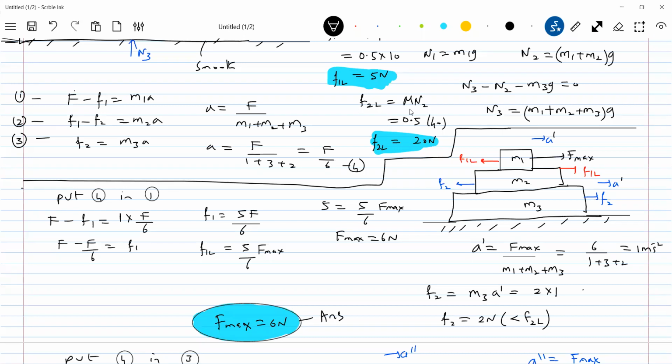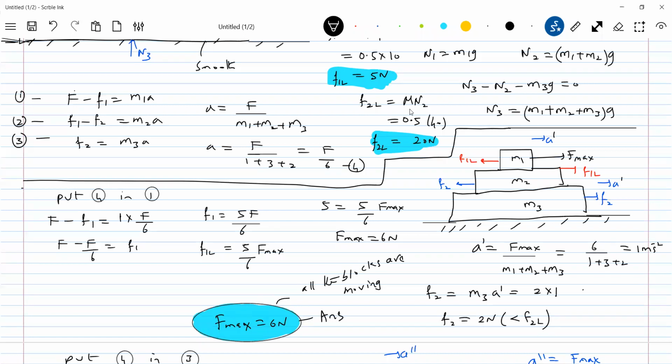For mass M2, sir. Mass M2 only. See, if M1 accelerates, then M2 should also accelerate, no? M3 too, all blocks are accelerating. All blocks are moving. Between M1 and M2, there will be static friction. There is no relative motion. If M1 is moving, then M2 should also move with respect to the ground. I don't know, you are taking the question itself in the wrong direction.